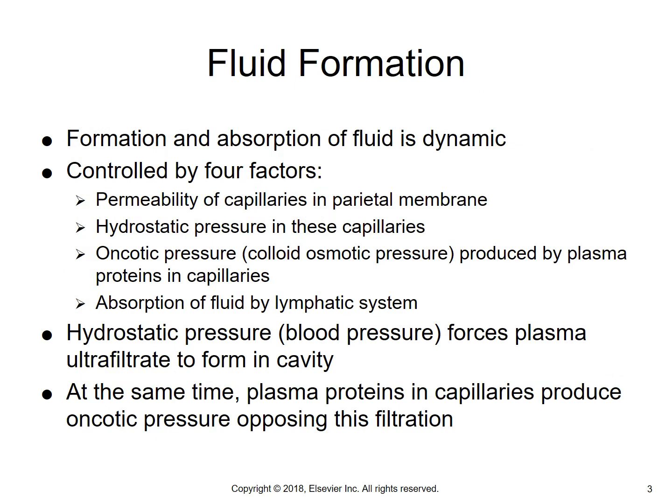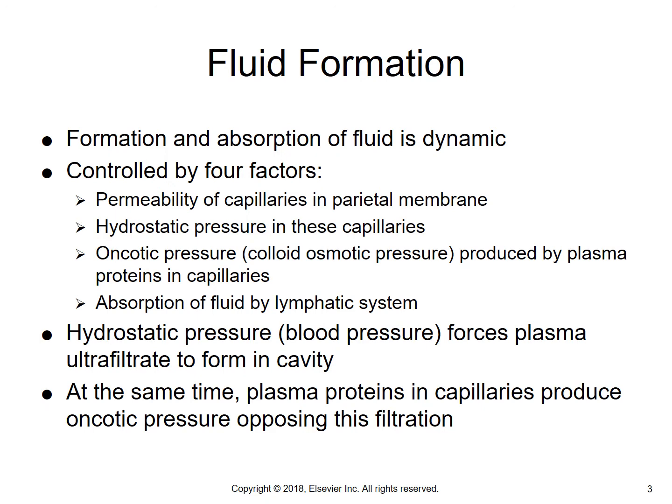The concentration of fluid within the serous membranes is constantly changing, or dynamic. It's controlled by 4 factors: the permeability of capillaries in the parietal membrane, hydrostatic pressure in these capillaries, oncotic pressure produced by plasma proteins, or the absorption of fluid by the lymphatic system.